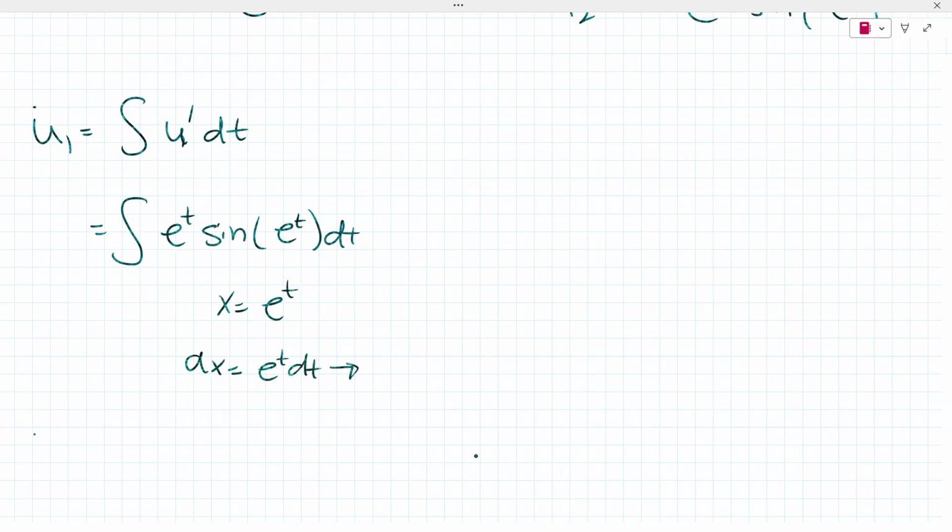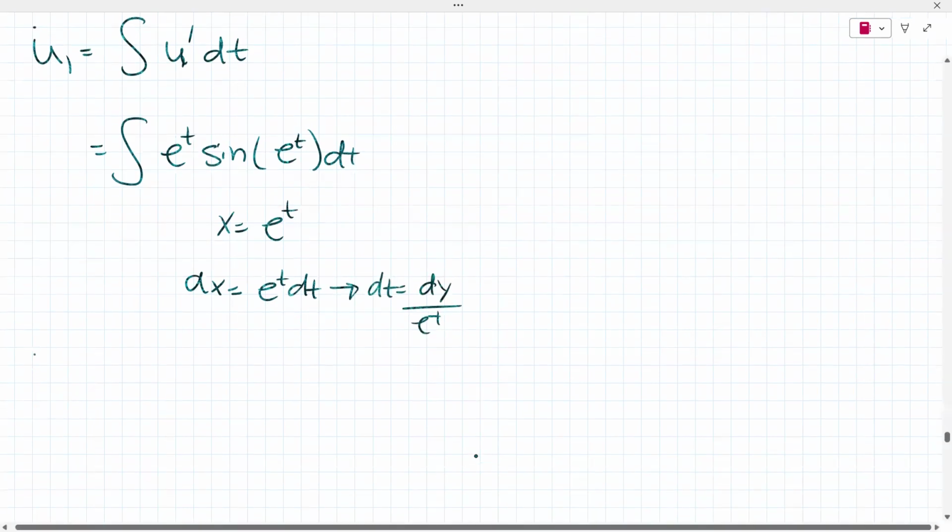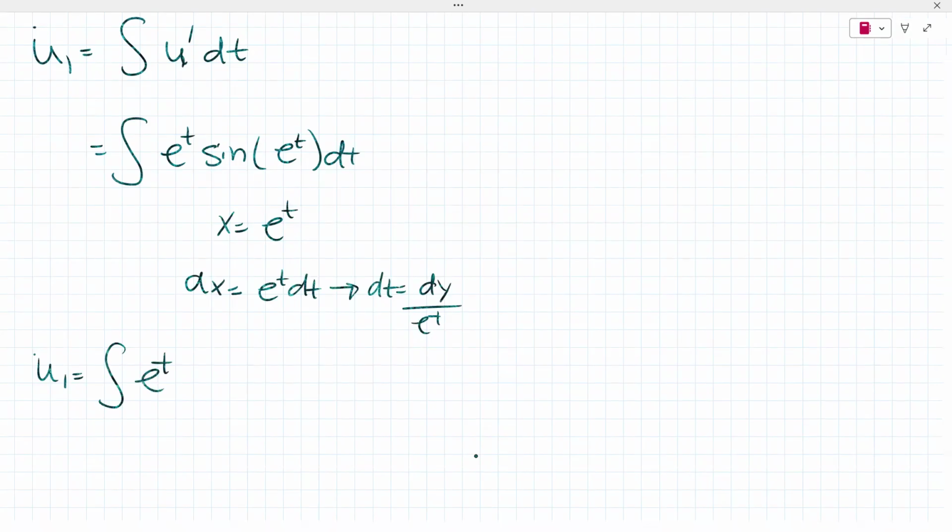And then if you want to solve for dt, right, dt is going to be dx over e^t. So this is going to be simplified as u1, the integral of e^t, and then it's going to be sin, and then we can replace e^t with x, and you can replace dt with dx over e^t.